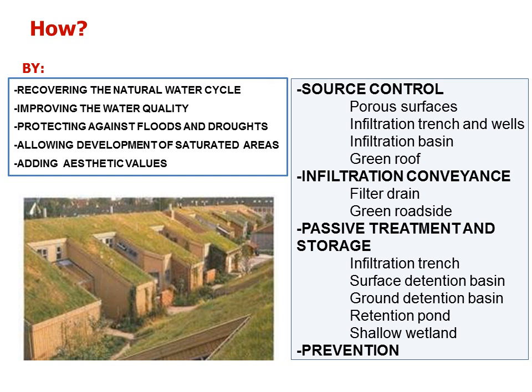By means of recovering the natural water cycle, improving the water quality in the city, protecting the urban area against floods and droughts, allowing the development of saturated areas, and also adding aesthetic values. These targets may be included in the source control, in the infiltration conveyance, in the passive treatment and storage, and in the prevention.